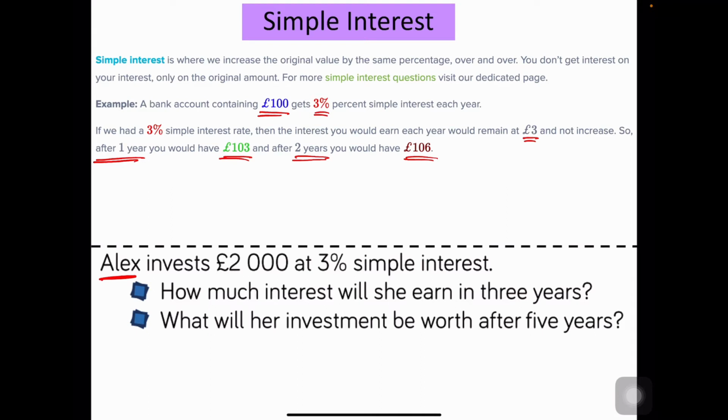How much interest will she earn in 3 years? So 3% of 2,000 is 3 over 100 multiplied by 2,000.